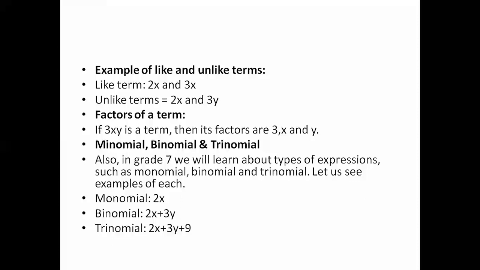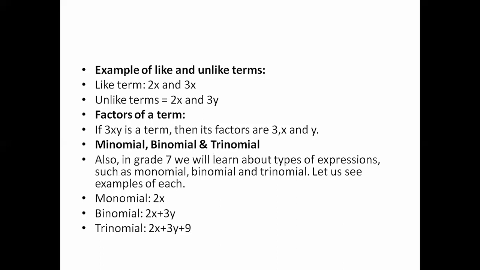Let us see some examples of like and unlike terms. What are like terms? Terms which are having the same variables are called like terms. For example, 2x and 3x are like terms. Let us understand what are unlike terms.